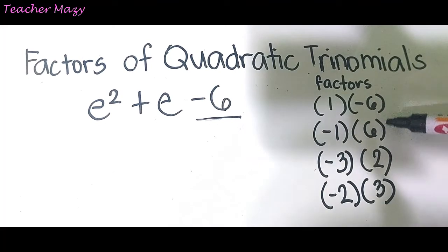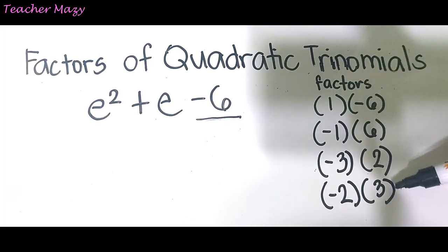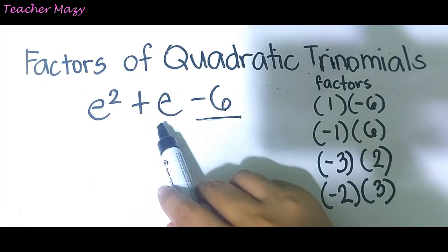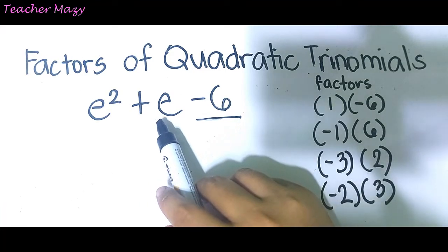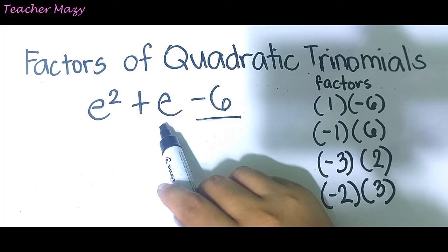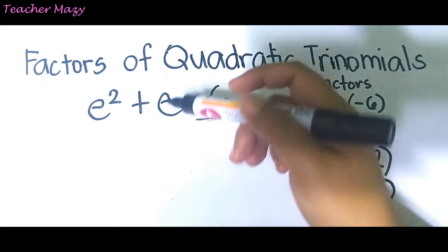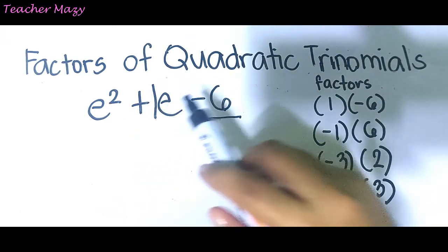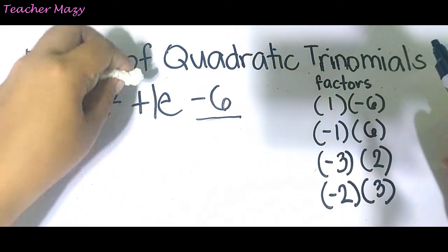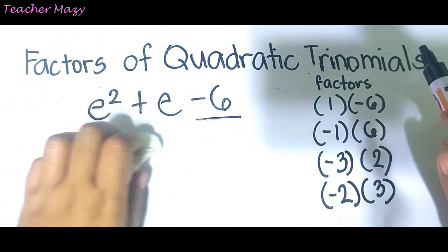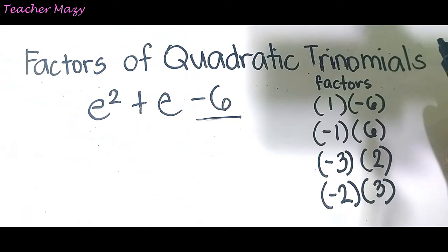Now we have the list of different factors for negative 6. We need to find the factors that will give us the numerical coefficient of our middle term. As we can see here, our middle term is written as a variable, so the numerical coefficient of this one is positive 1. If the numerical coefficient is equal to 1, we do not write it anymore.